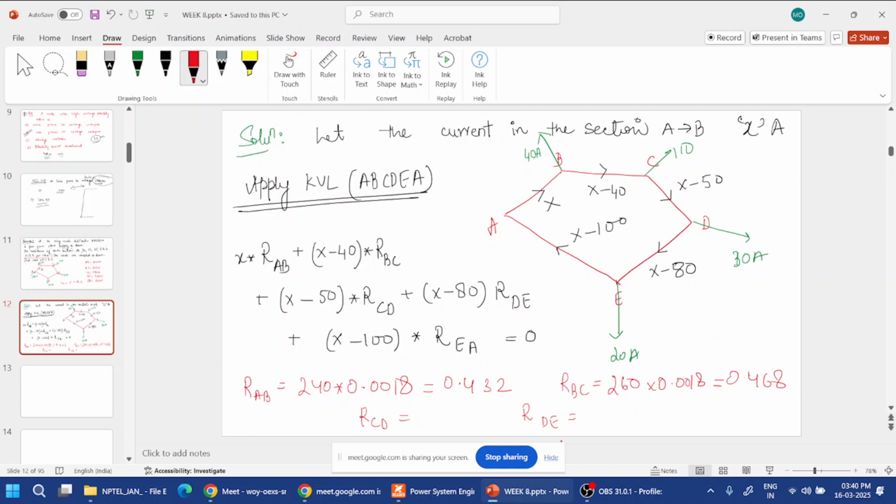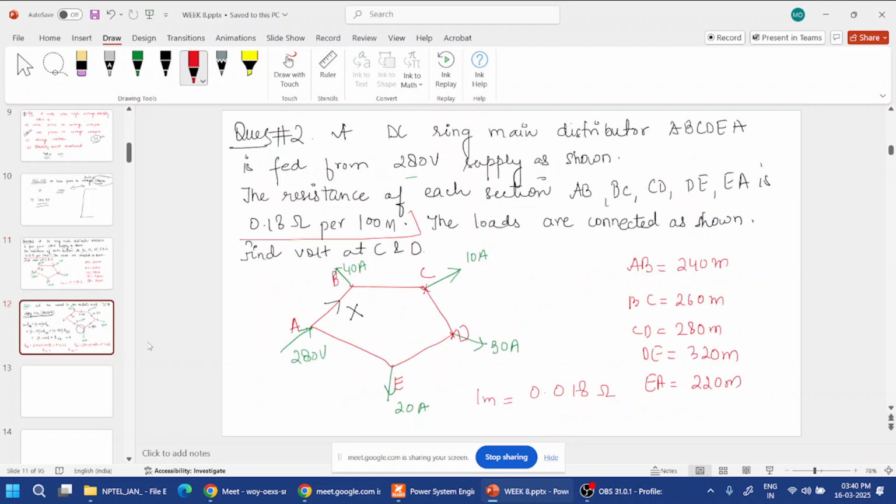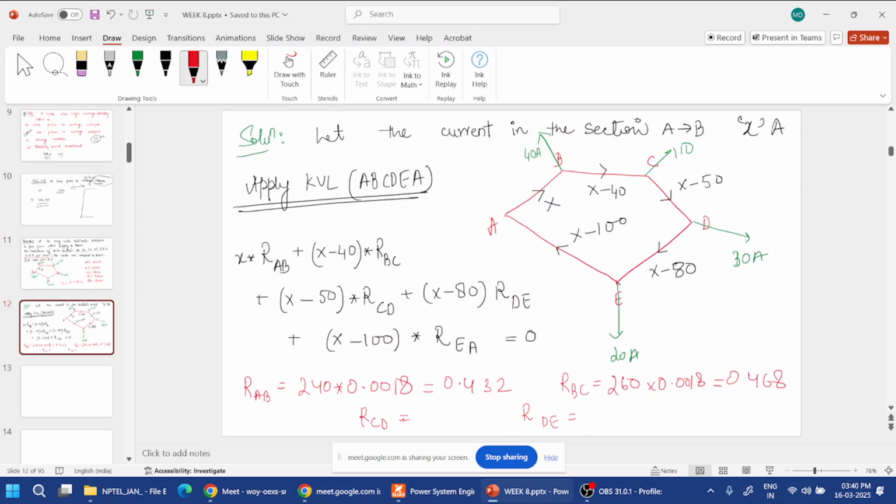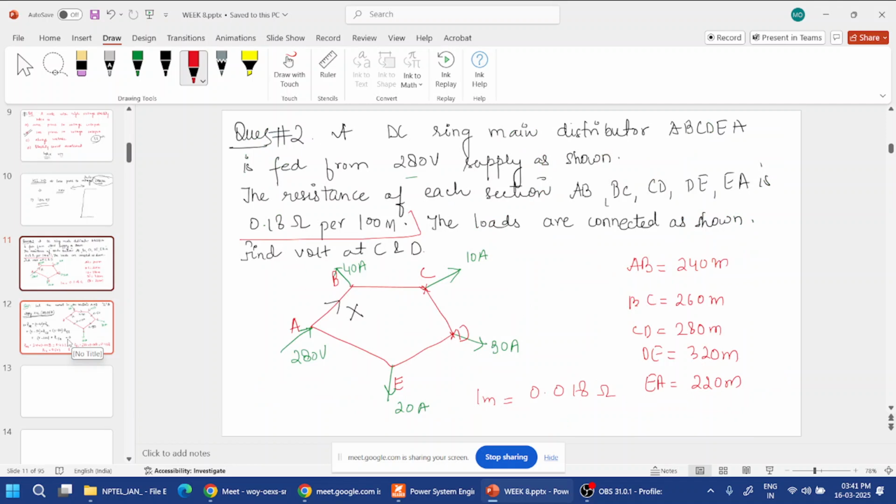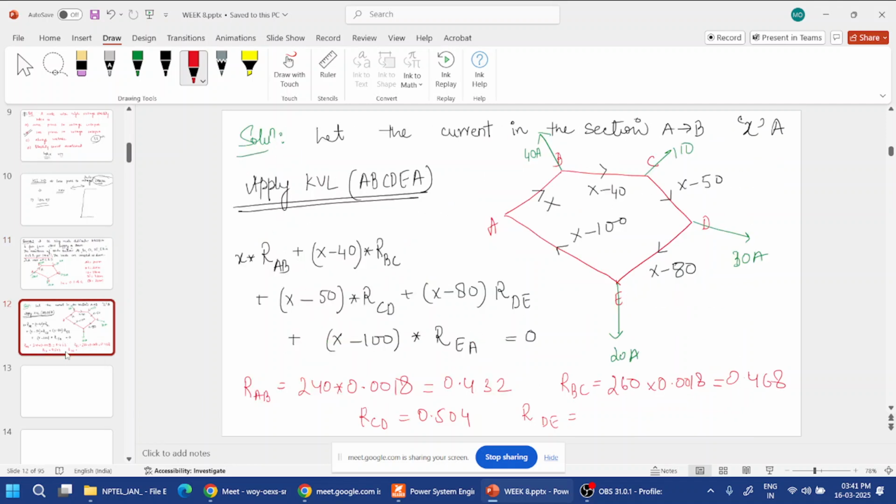Okay, now RCD. For RCD we have length 280. So 280 multiplied by 0.0018 will come out to be 0.504. And similarly for RDE, 320 multiplied by 0.0018, so it will be 0.576.